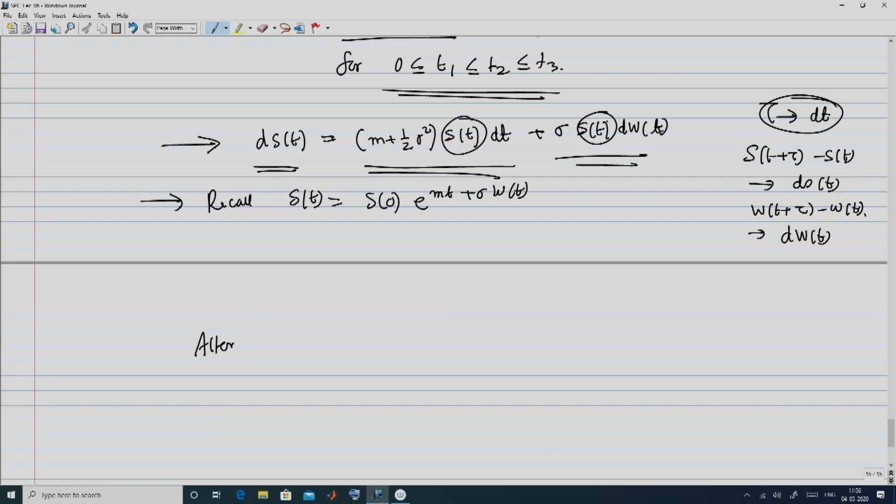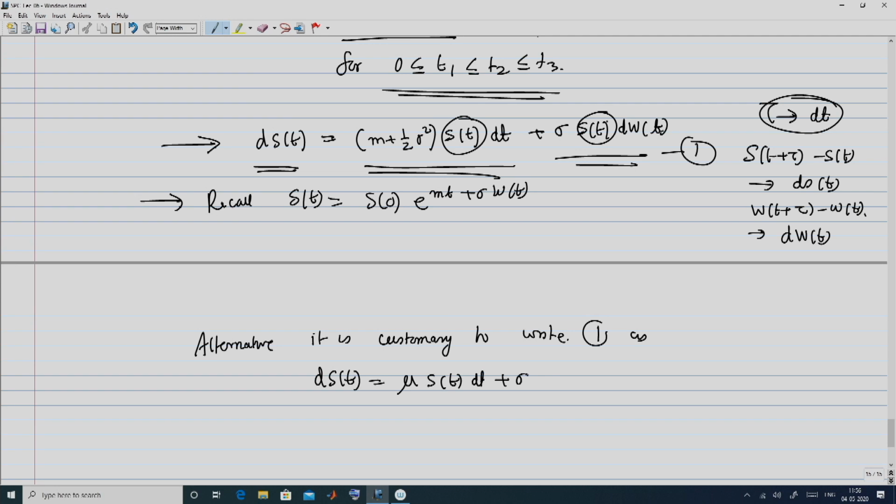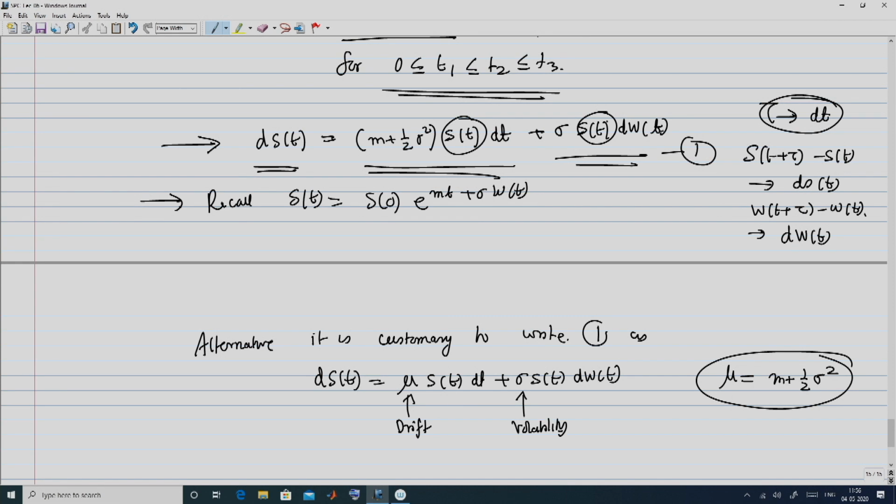So, it is customary to write, let me call this equation 1, dS(t) equals mu S(t) dt plus sigma S(t) dW(t). Basically I will use mu to replace m plus half sigma squared. A lot of times this is called the drift and this sigma is called the volatility of the asset.